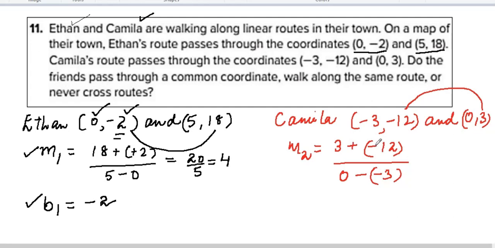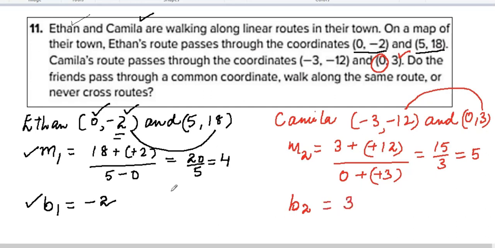You know this already, we found the slope once in class. Minus minus is plus, so 12 plus 3 is 15, divided by 3 is 5. So this is the slope for Camilla. Now what is the y-intercept, b2? If you see, when x is 0, y is 3. So the y-intercept is 3 here.